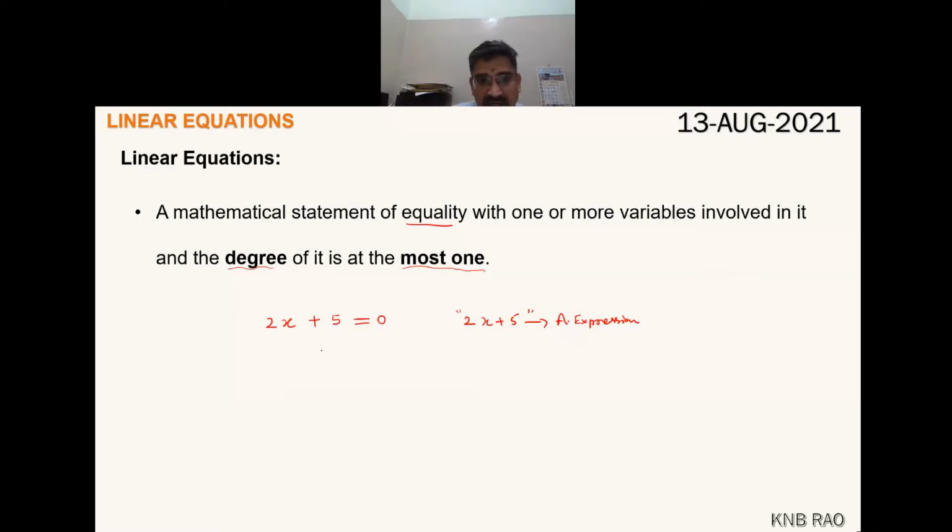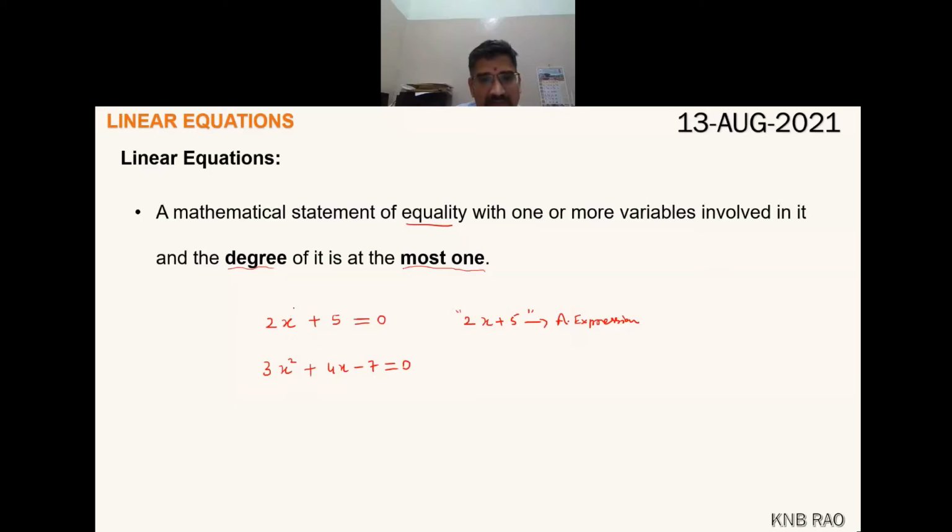Then equations can be like even 3x squared + 4x - 7 = 0. This can also be an equation. But what is the difference between this equation and that equation? Very simple.